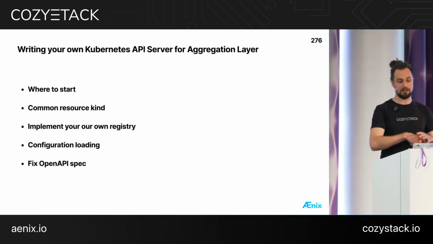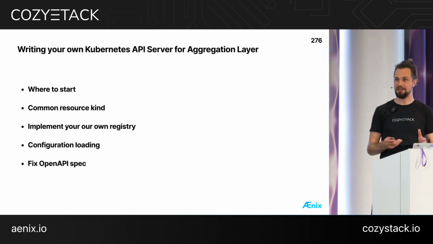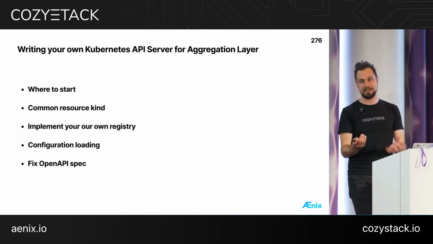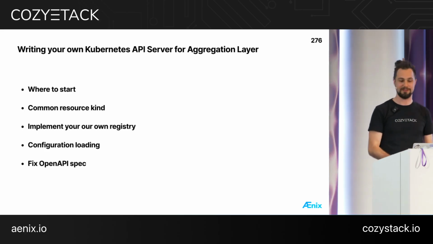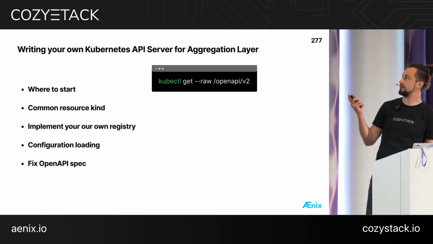And finally, the last problem is OpenAPI. Since you use Go, Go has internal logic for figuring out how to provide an OpenAPI spec for your resources, and it tries, but if you use a single resource, this logic will be broken. You can test it with kubectl get --raw OpenAPI spec.